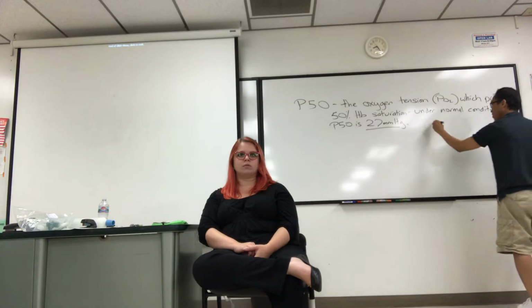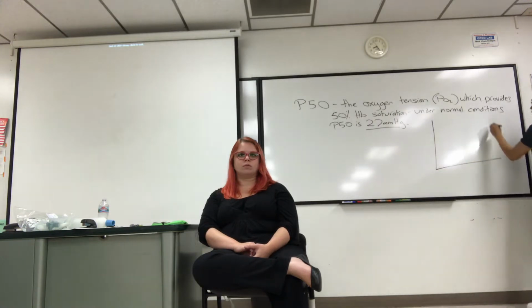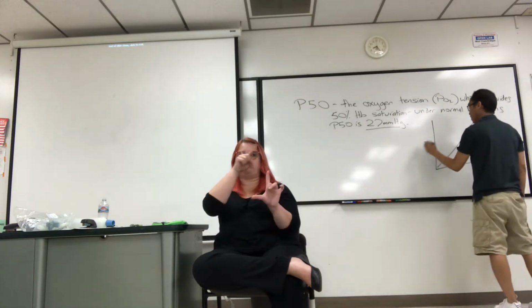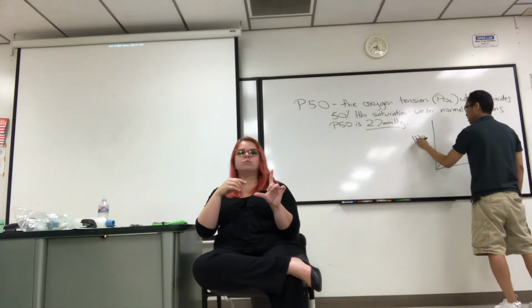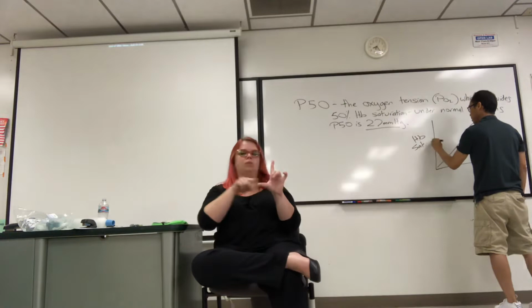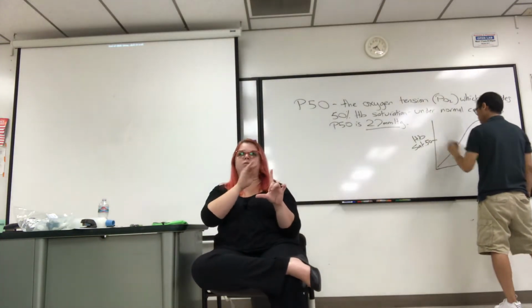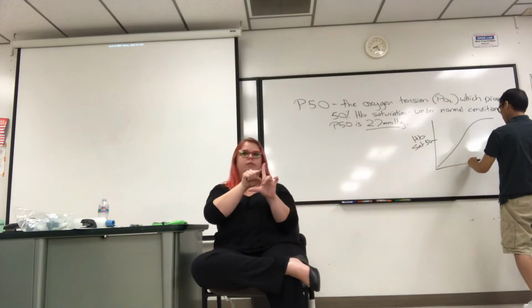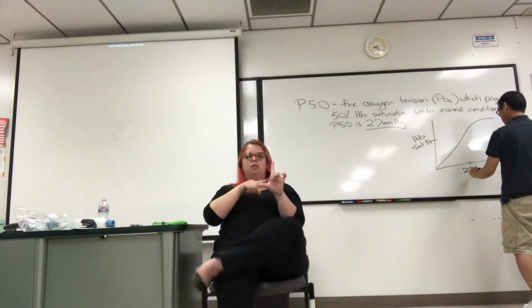So I went away. Let's draw here. This is my sigmoid shaped curve. Here's my Hb sat at 50%, and I'm saying 27.